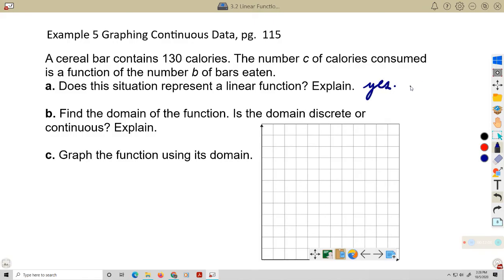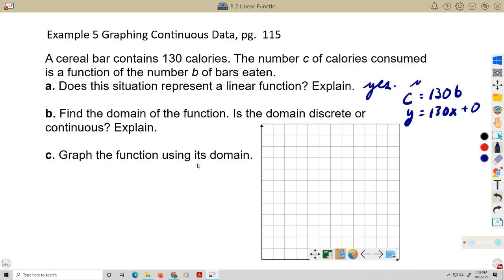Because I can write this as c, the number of calories, is equal to 130 calories per bar times the number of bars. That's y equals mx plus b. Now, this b here is a different b. This b is bars eaten. But this is like saying y equals 130x, and then plus 0.